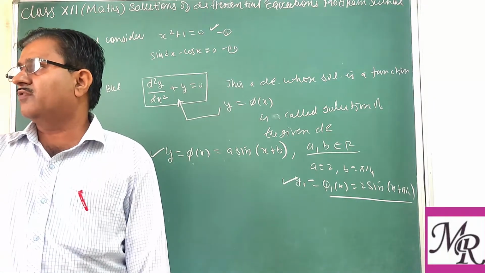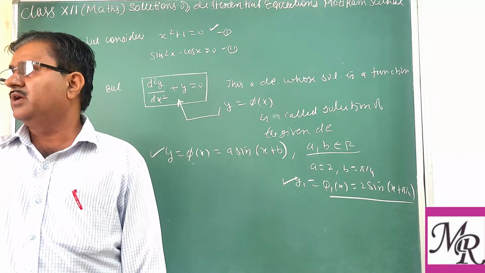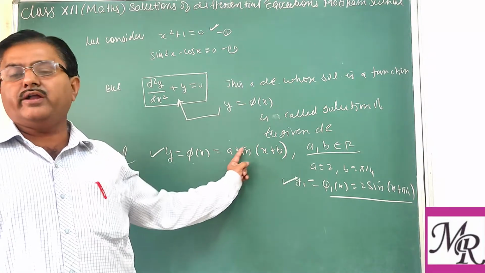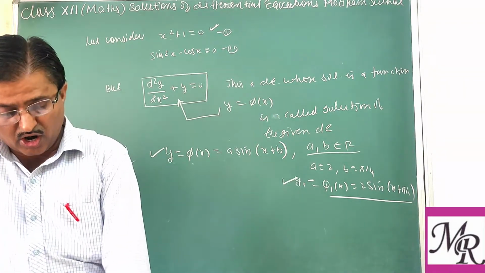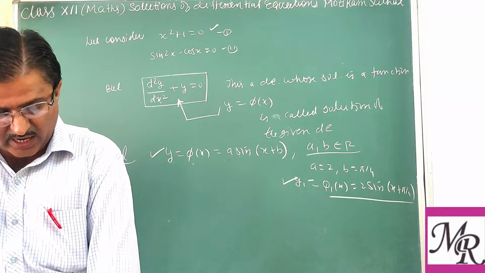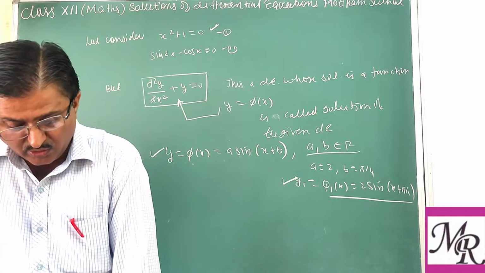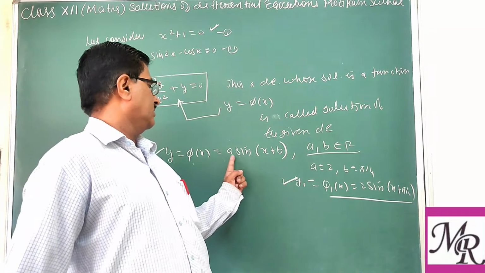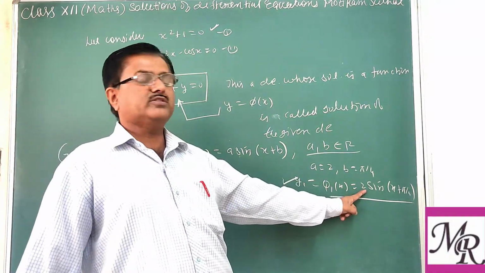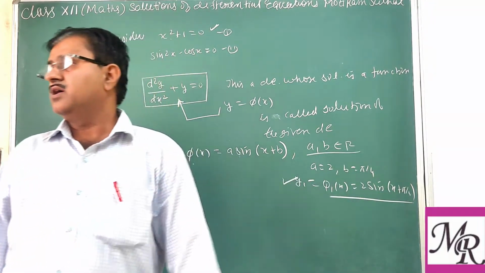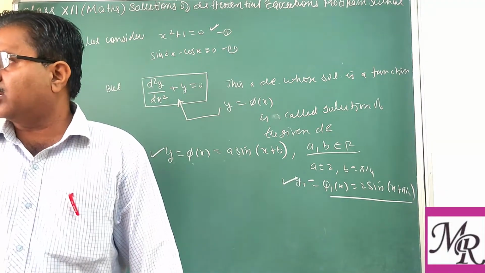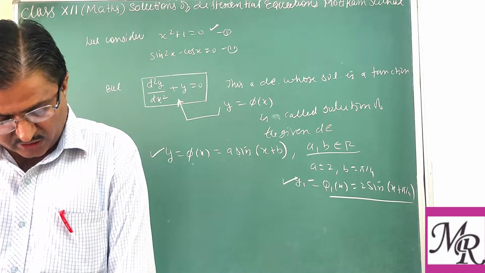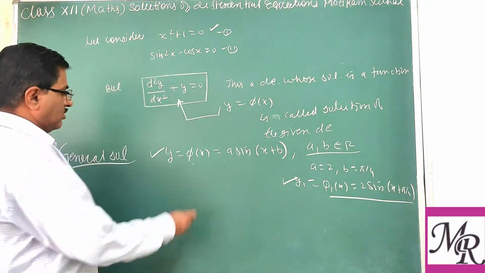A solution of the differential equation in which there exist arbitrary constants a and b, or parameters a and b. And when you assign fixed values to these parameters a and b, like 2 and 5 by 4, then the corresponding solution of the differential equation is known as a particular solution.